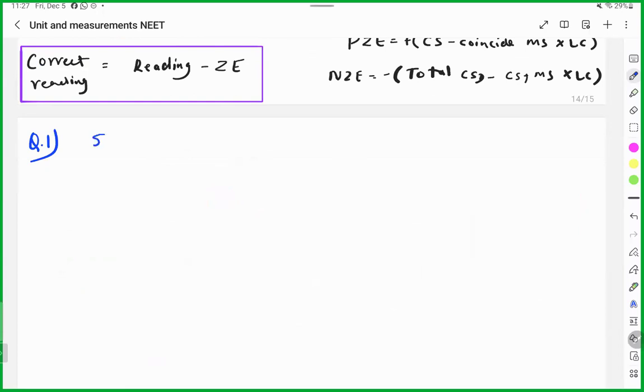So in a spherometer, there are 50 equal divisions and they are marked around the disk. One full rotation of the disk advances the main scale by 0.01 centimeter. Find the least count.